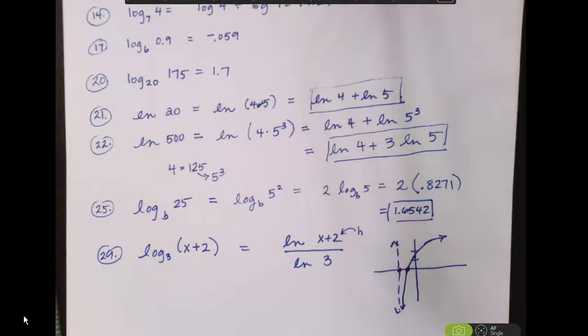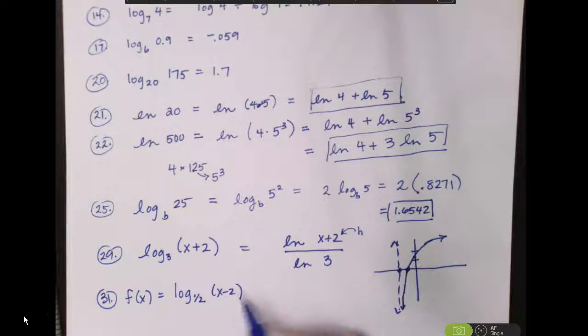Alright, number 31. F of x equals log base 1/2 of x minus 2. So again, to graph this, we would want to go log of x minus 2 over log of 1/2.